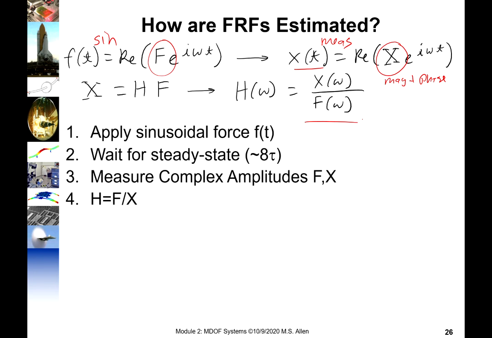And this approach is used still in some industries. This approach is very robust to nonlinearities, also very accurate in terms of damping. So one place that this approach is often used is in aircraft ground vibration tests. They will excite the various modes of the airplane. For example, if they wanted the mode where the wings are bending up like this, they could apply two forces in phase here.